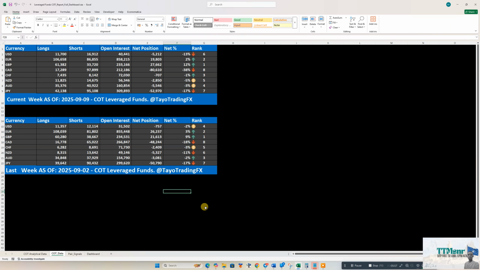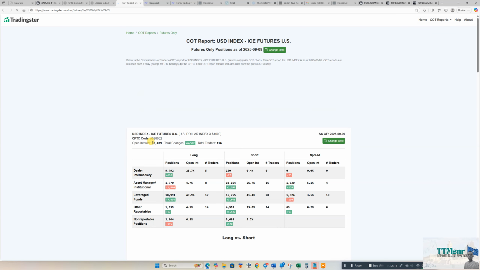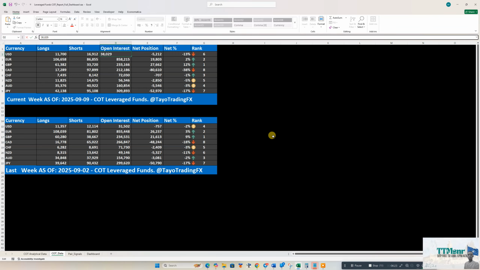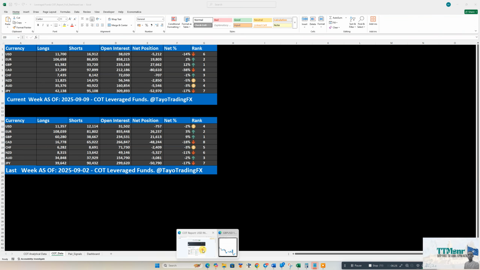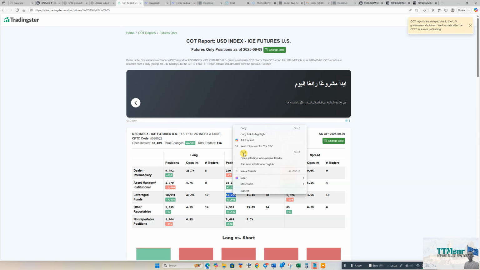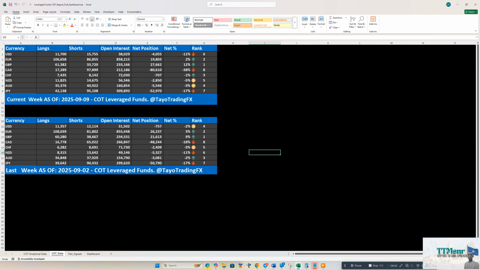So I place it. You see what we have. What we want to do is switch to the next week, which will be the current week at that moment, and then take the open interest, go here, place the open interest, and then go back and take the short positions, and also take the long positions.